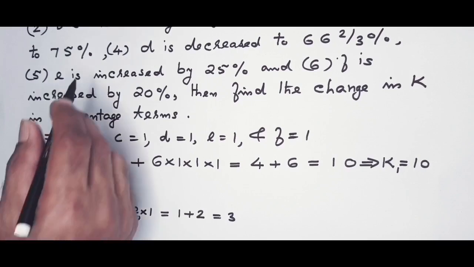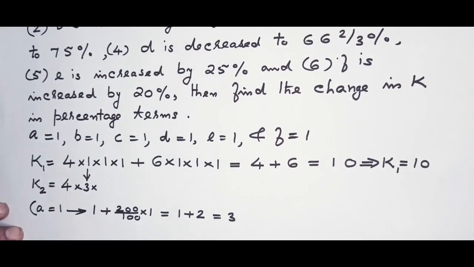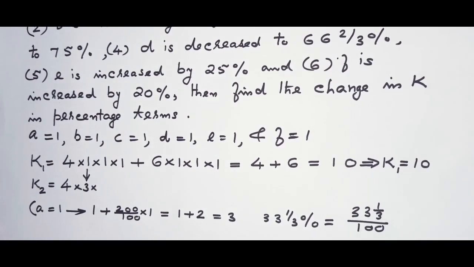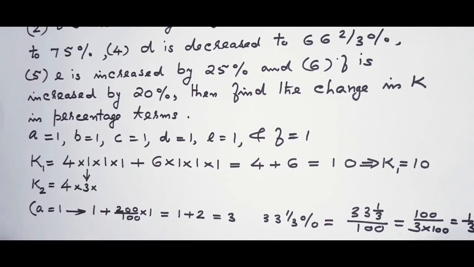Then B is said to be increased by 33 and 1 by 3%. 33 and 1 by 3% is what? This equals 33 1 by 3 divided by 100. Now 33 and 1 by 3 is 100 divided by 3, and then there is this 100, so finally you get 1 by 3. So 33 and 1 by 3% is nothing but 1/3.